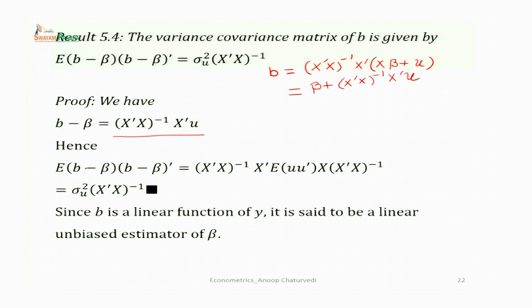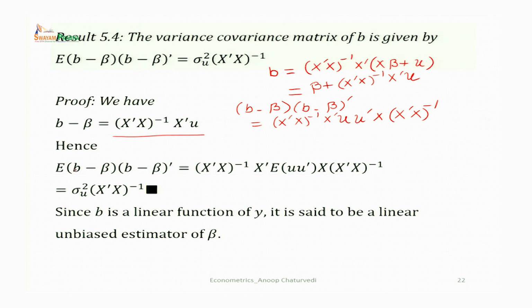Then (B minus beta) transpose is equal to the transpose of (X transpose X) inverse X transpose U, and then we take transpose of this, meaning U transpose, the transpose of X transpose is X, and the transpose of (X transpose X) inverse is (X transpose X) inverse.